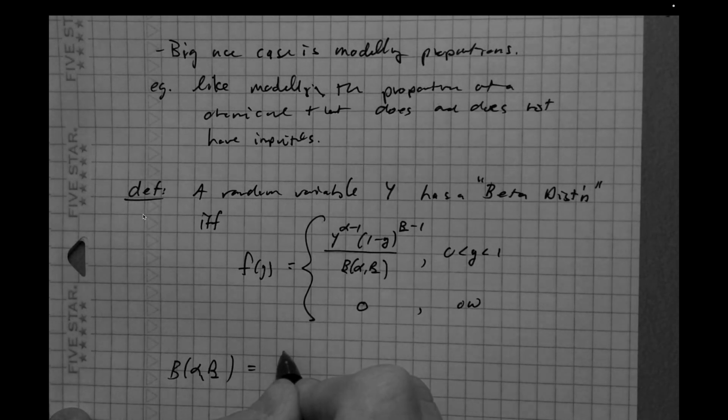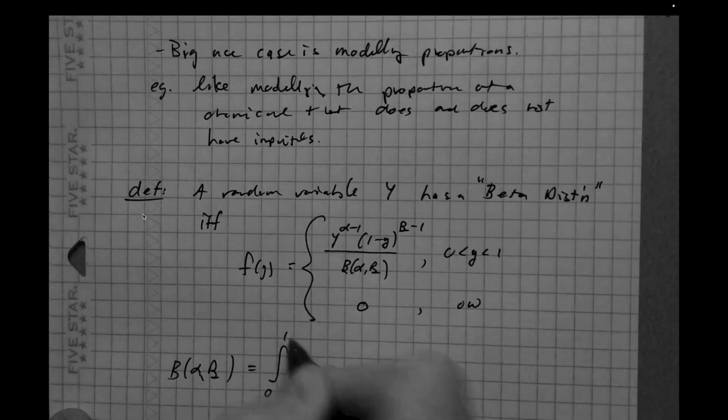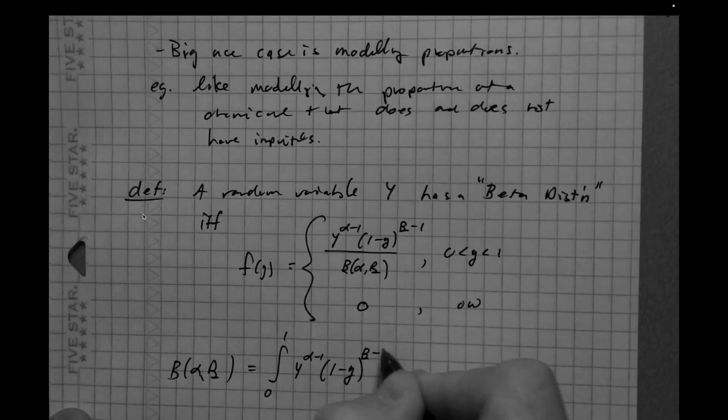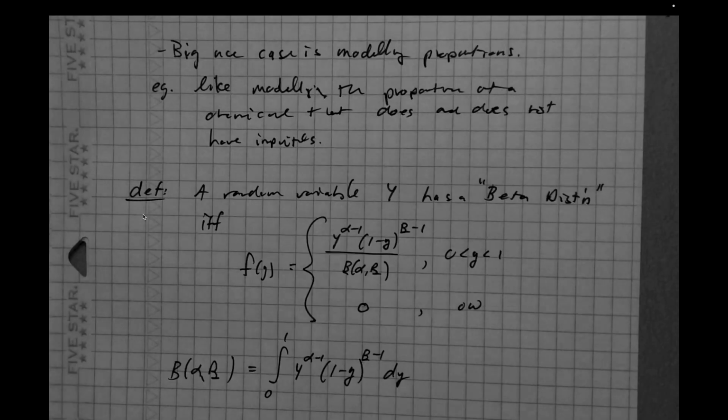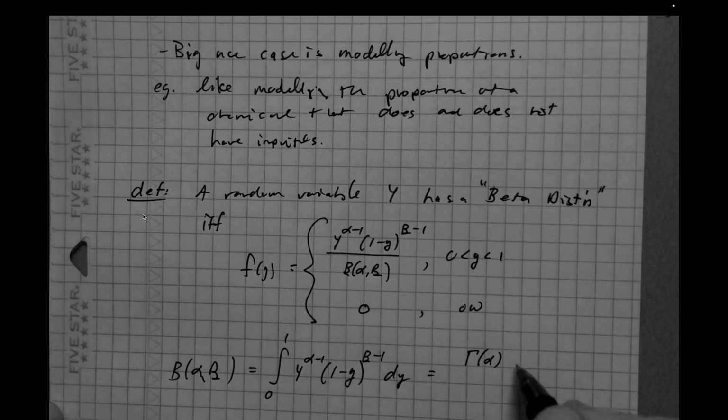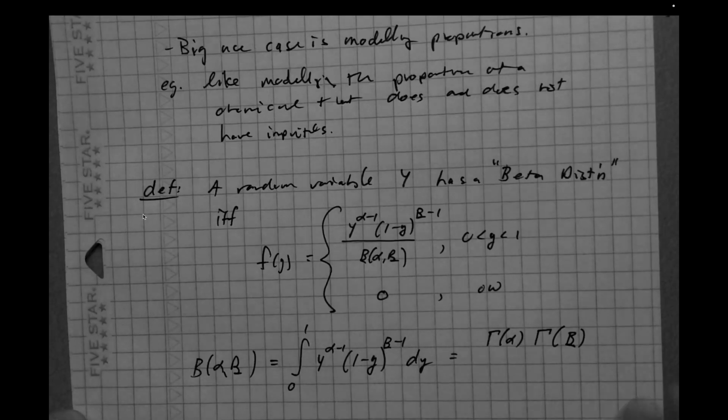It's equal to the integral from 0 to 1 of y to the alpha minus 1 power times 1 minus y to the beta minus 1 power. And it turns out that this is equal to the gamma function evaluated at alpha times the gamma function evaluated at beta, divided by the gamma function evaluated at alpha plus beta.